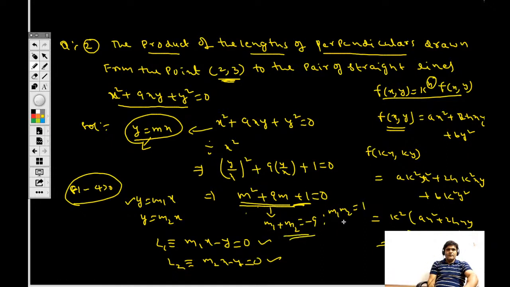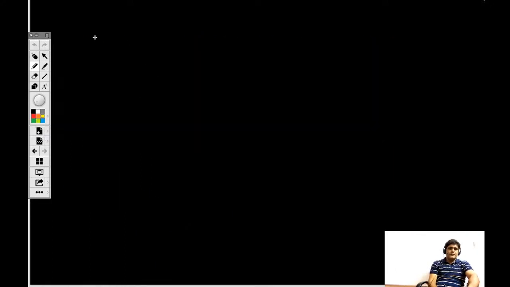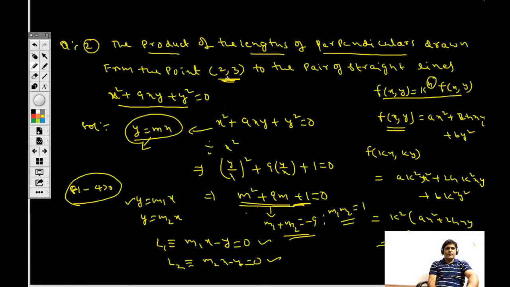We will use this data in D1 D2. Now come to the next part, that is the distance from (2, 3) to L1 and L2. L1 is m1x minus y equals 0, and L2 is m2x minus y equals 0, and the point is (2, 3).